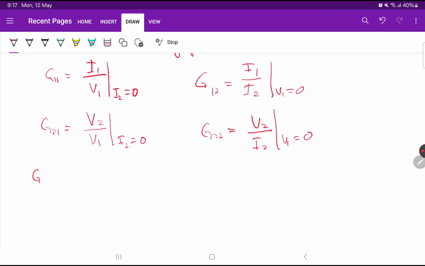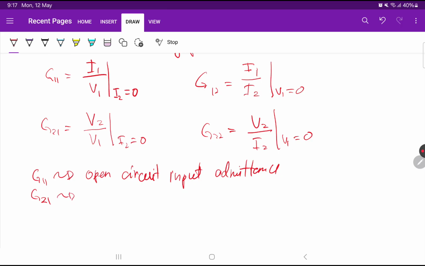For G11, we call it the open circuit input admittance. While G21 is still an open circuit because I2 is equal to 0.